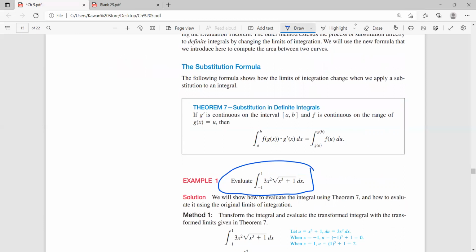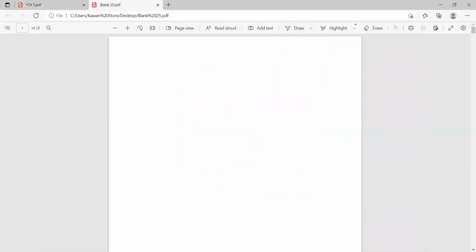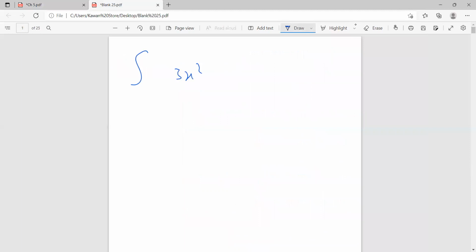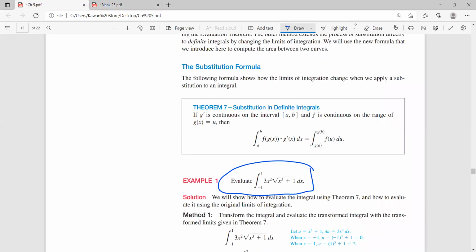We have 3x squared, and also we have x cubed plus 1, dx. But also we have a boundary here from -1 to 1. So that one is called a definite integral. So how do we find the definite integral?